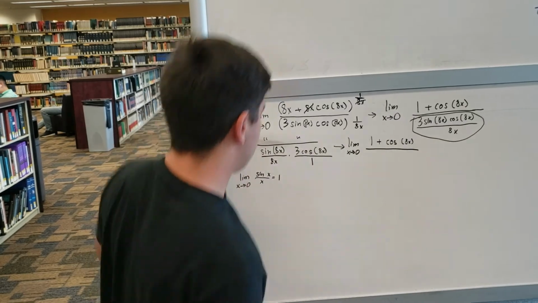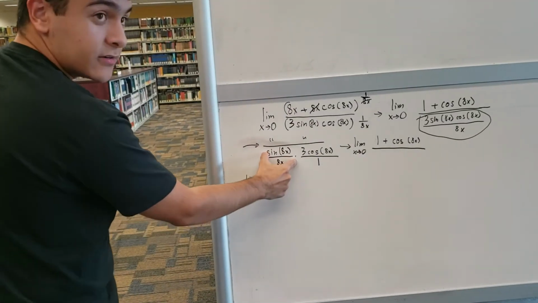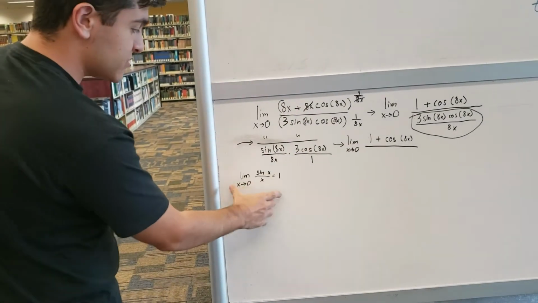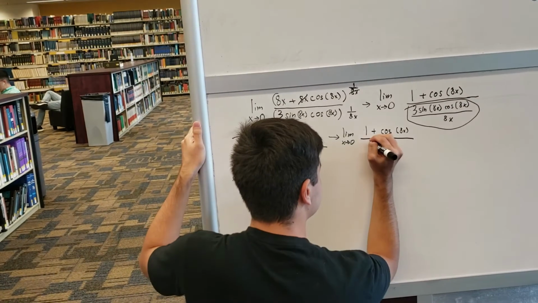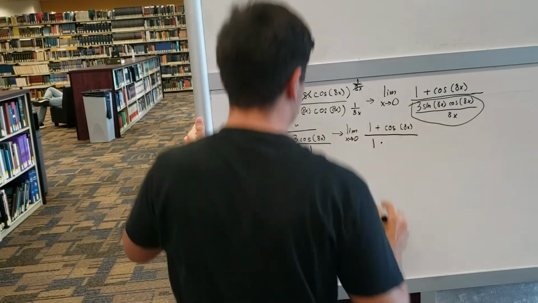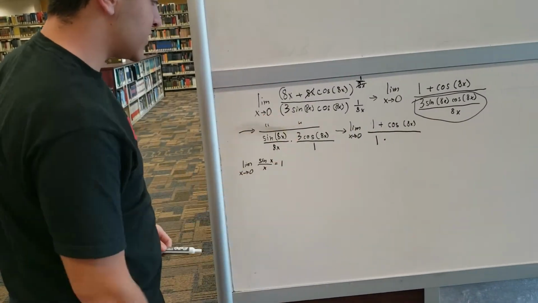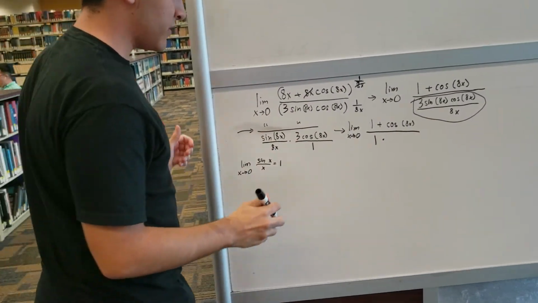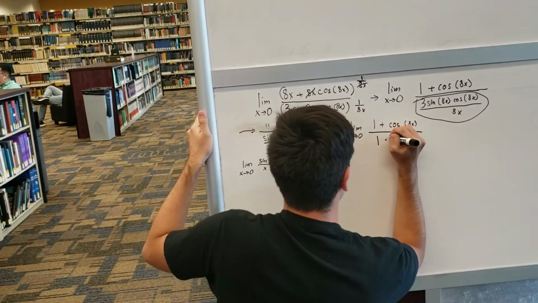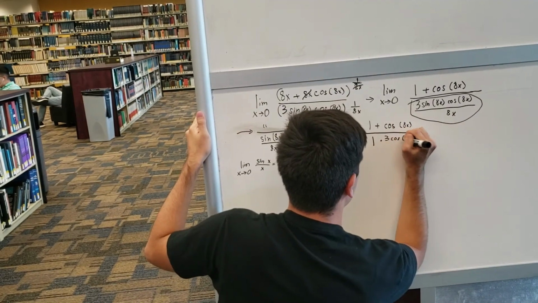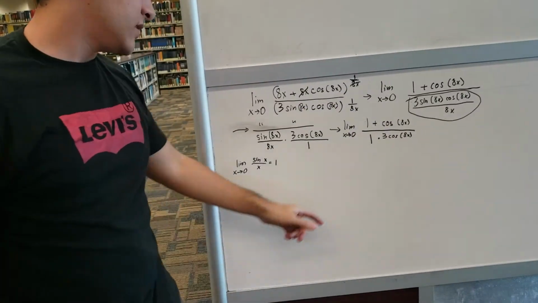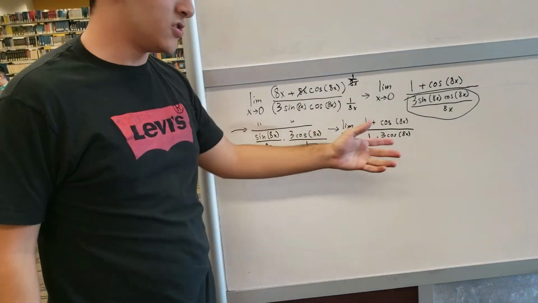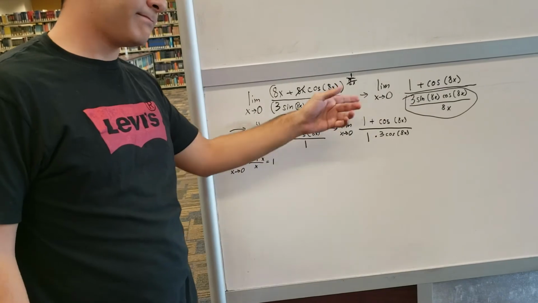And now, this fraction turns to 1 because we're using this. So this fraction turns to 1 times, and we're just going to leave that alone. There's not much we can do with that. So it's going to be 3 cosine of 8x. And obviously 1 times 3 cosine of 8x is just 3 cosine of 8x.